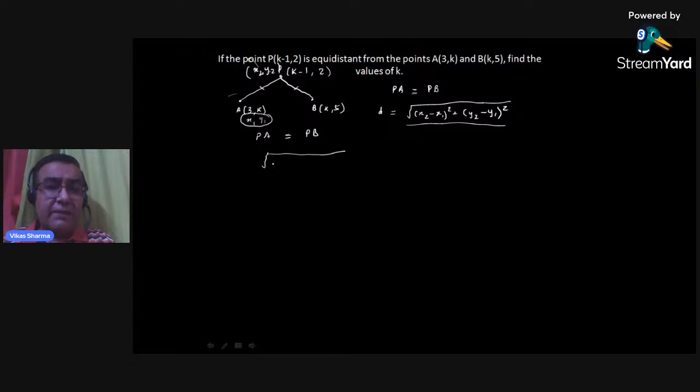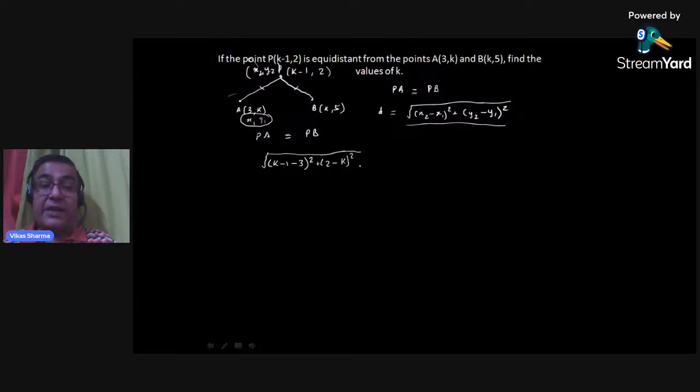Using that, we have x2 as k minus 1, x1 is 3, so minus 3 whole square of that, plus y2 is given as 2 here, 2 minus k whole square. So this is the distance PA that I have.